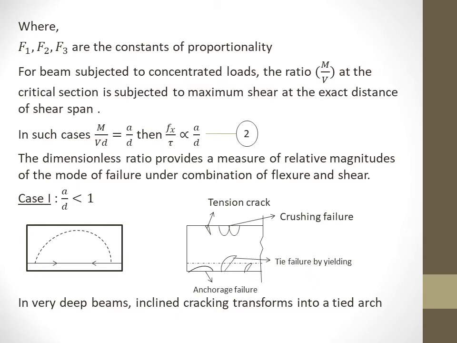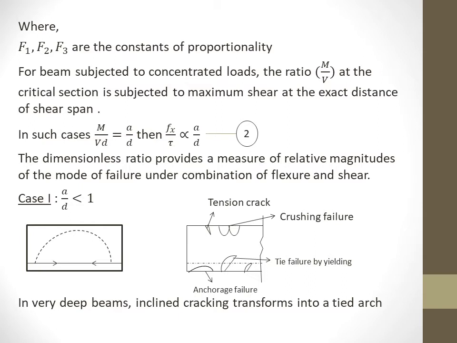It can be seen that the dimensionless ratio a by d or av by d provides a measure of relative magnitudes of the mode of failure of the beam under combined flexure and shear. This prediction is based on considerable experimental evidence involving simply supported beams of rectangular cross sections subjected to symmetrical two-point loading. The previous figure I showed had two concentrated loads, and the beam has been subjected to symmetrical two-point loading.